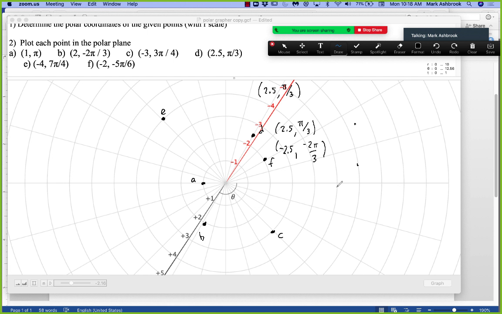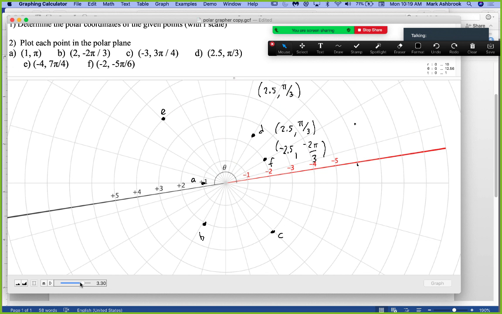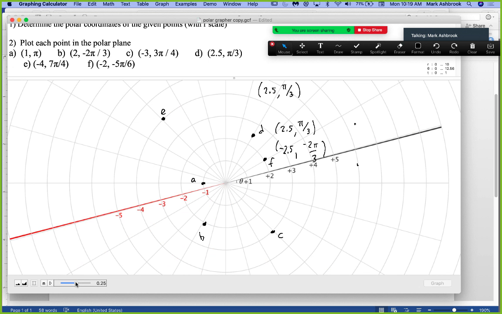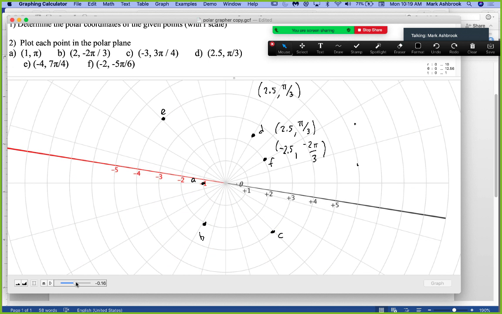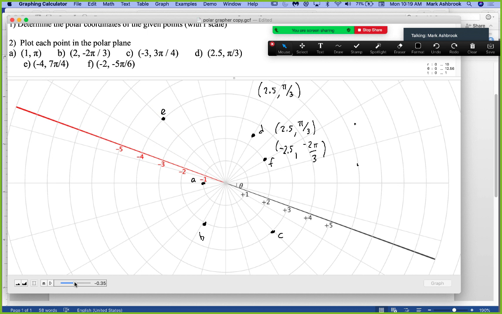Okay, someone else has another way to write it. What's another way to write that location for the point we get in part D? Did you say 2.5 comma 7 pi thirds? Okay, is there another positive angle? So you want a positive 7 pi thirds? Yeah.